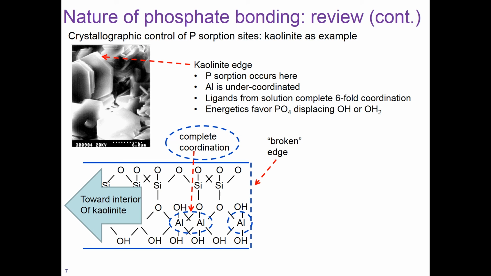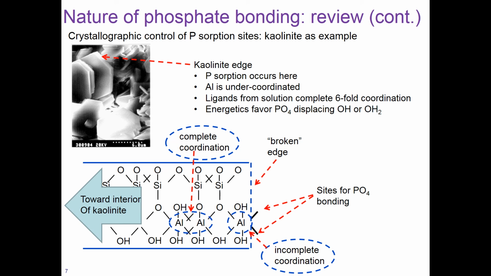But at the edge, we have sites where phosphate can bond with the aluminum and complete the six-fold coordination, where without that association, there's incomplete coordination for aluminum, and the phosphate bound there is held relatively tightly.